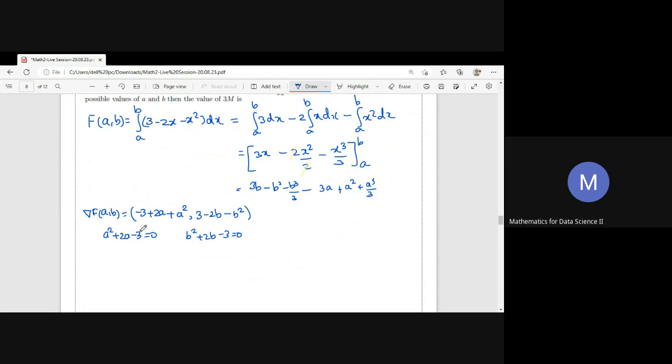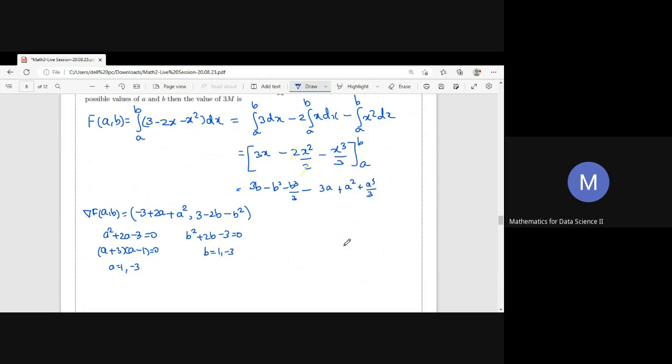So you see both of them actually are the same equation, so the solutions should be the same. What are the solutions? a equal to 1 and minus 3. The same solutions hold for b as well.